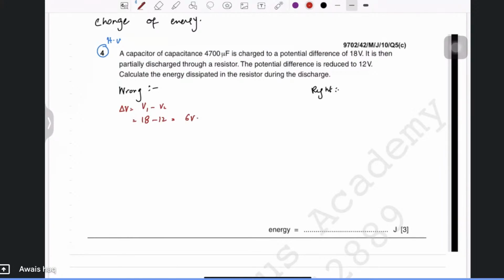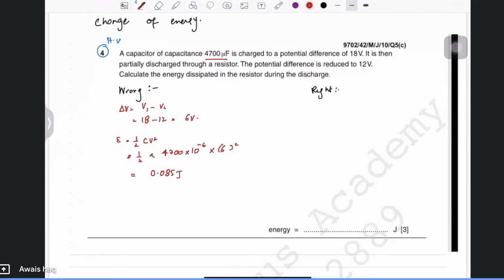Then they put energy equals half CV square, so half times the capacitance, 4700 times 10 raised to minus 6, multiplied by 6 whole square. Can you please find this answer? So 0.085 joules. So this is your answer.